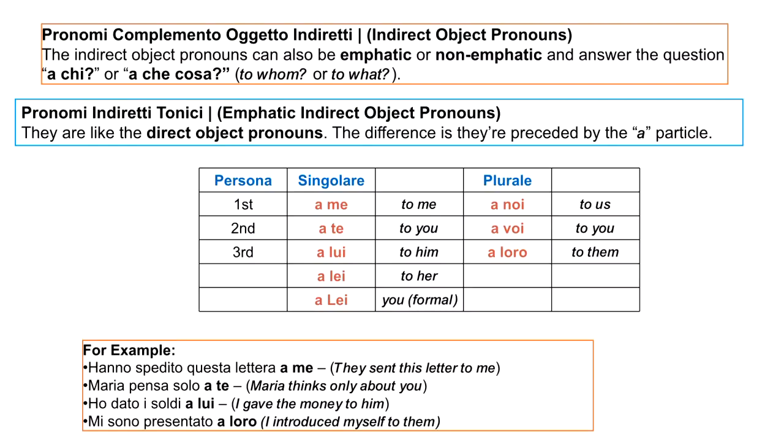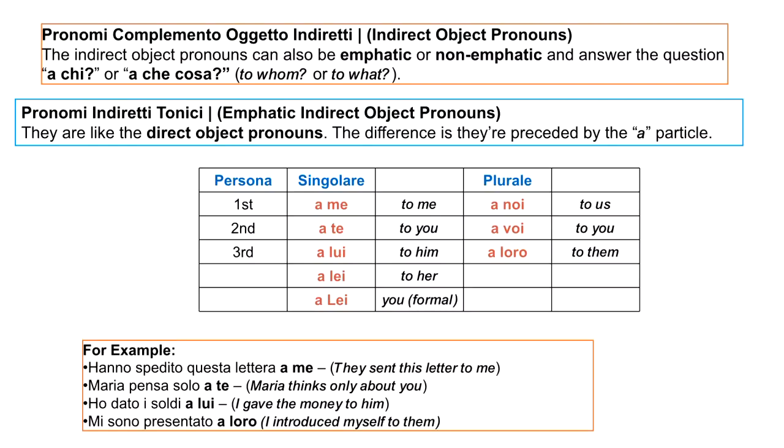Okay, ho dato i soldi a lui. I gave the money to him. The way that I construct this sentence in a non-emphatic way would have to be by changing the pronoun.